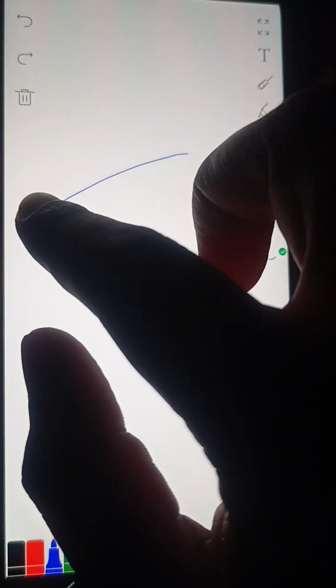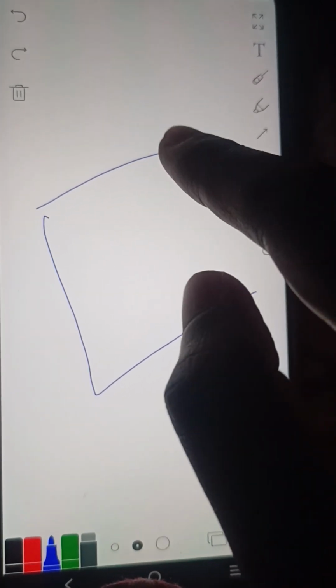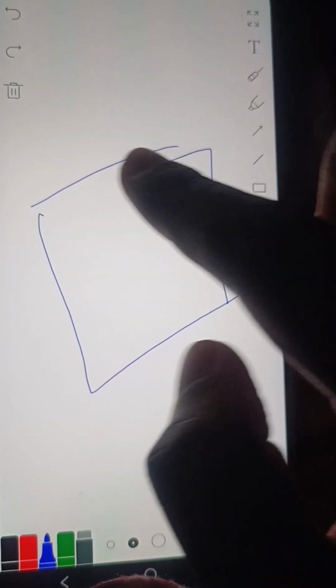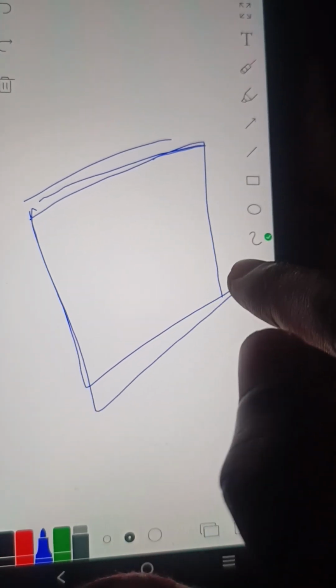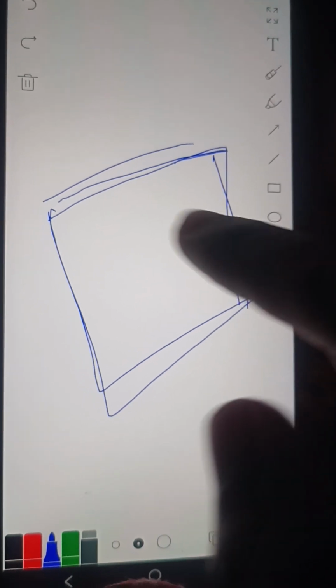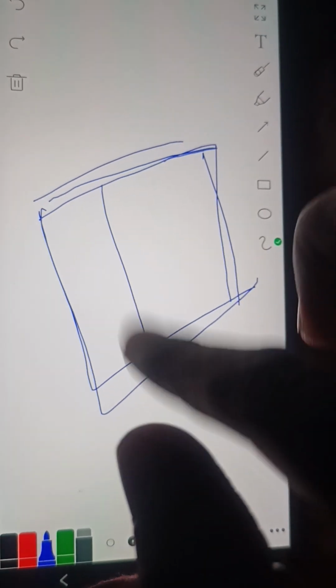Now, how is a grid made up? In a larger view, this is a grid. I'm again drawing it.